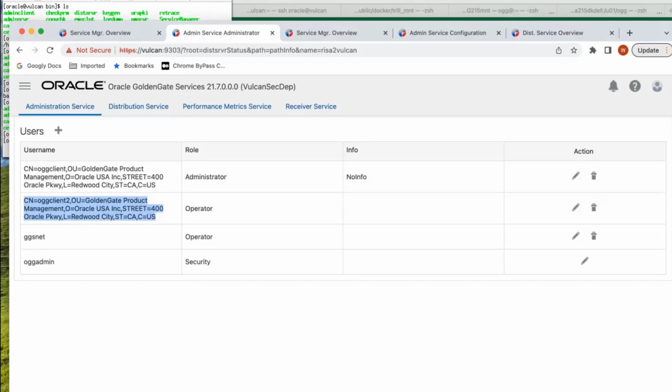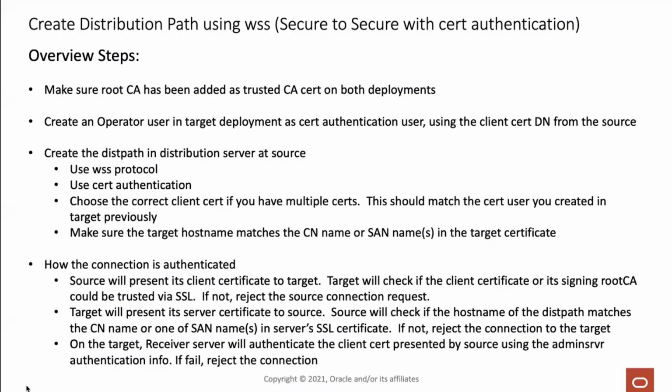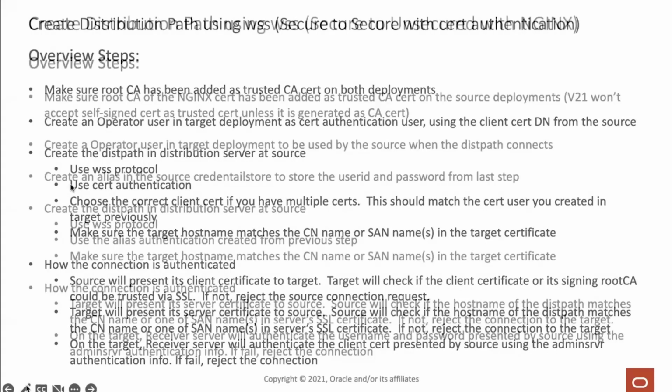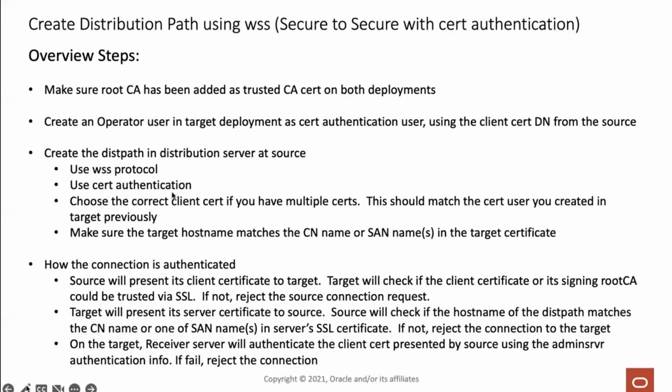In this high-level overview, the only difference is that you use certificate authentication, and you do not have to specify the alias anymore. So when it comes to the target, instead of verifying your alias, it will verify your client certificate to make sure it is allowed to log in.